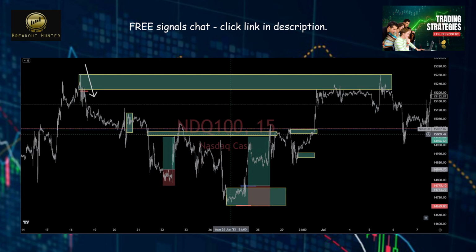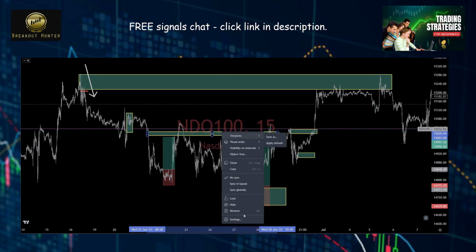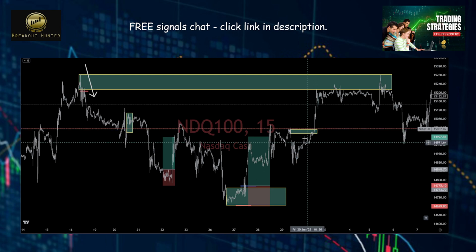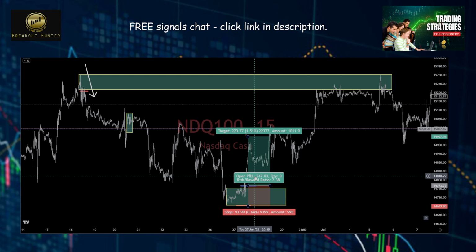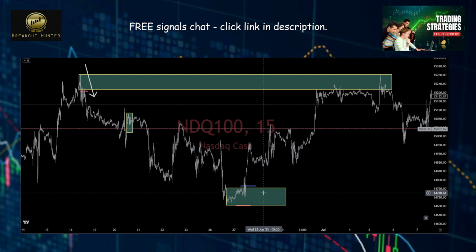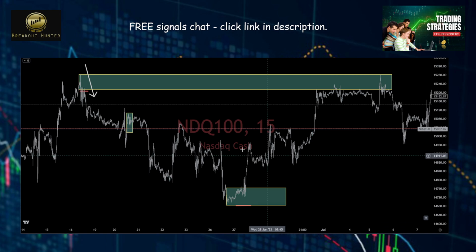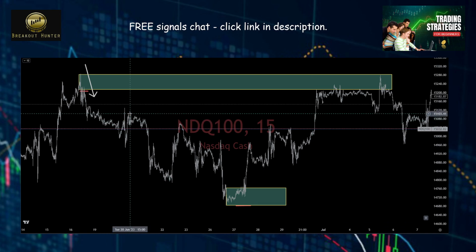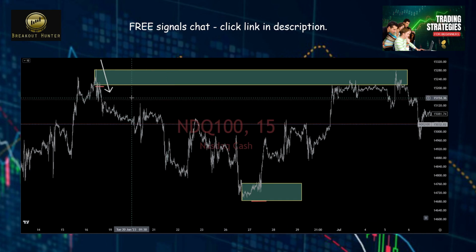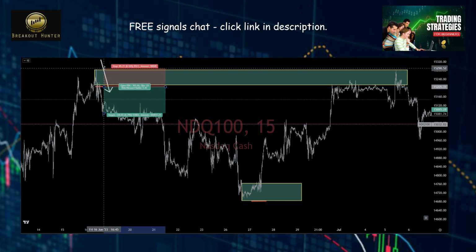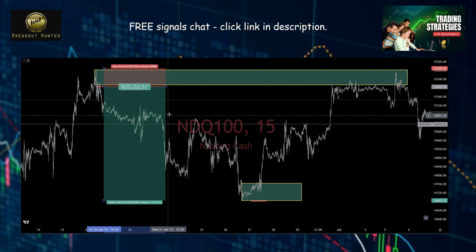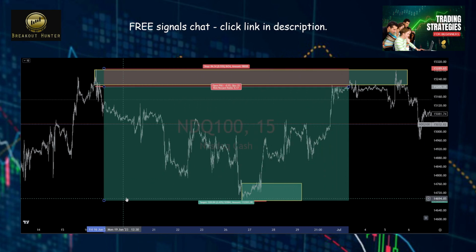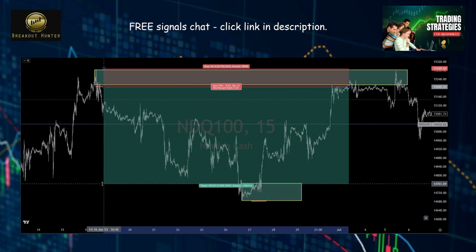My objective, me personally, so I don't have to stare at the computer, is to trade all of this. So I'm looking to go from here, take profit, to demand zone here.